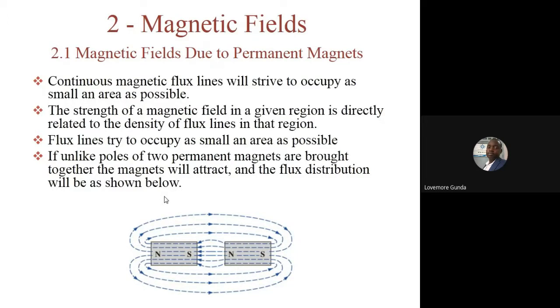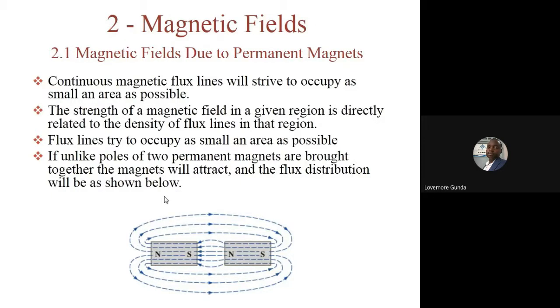So the magnetic flux lines due to a permanent magnet, that means one which has a permanent north and south pole, they try to occupy the smallest possible area, right?